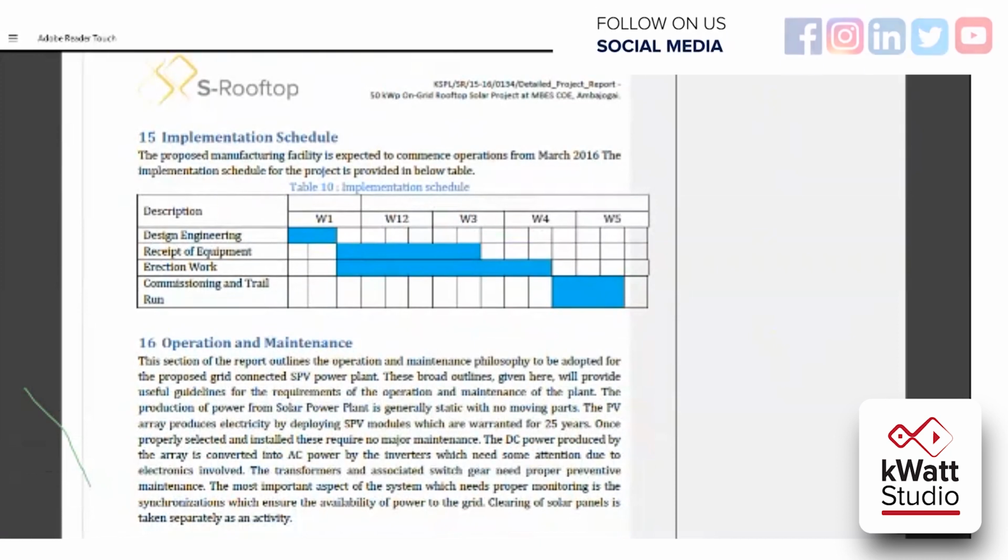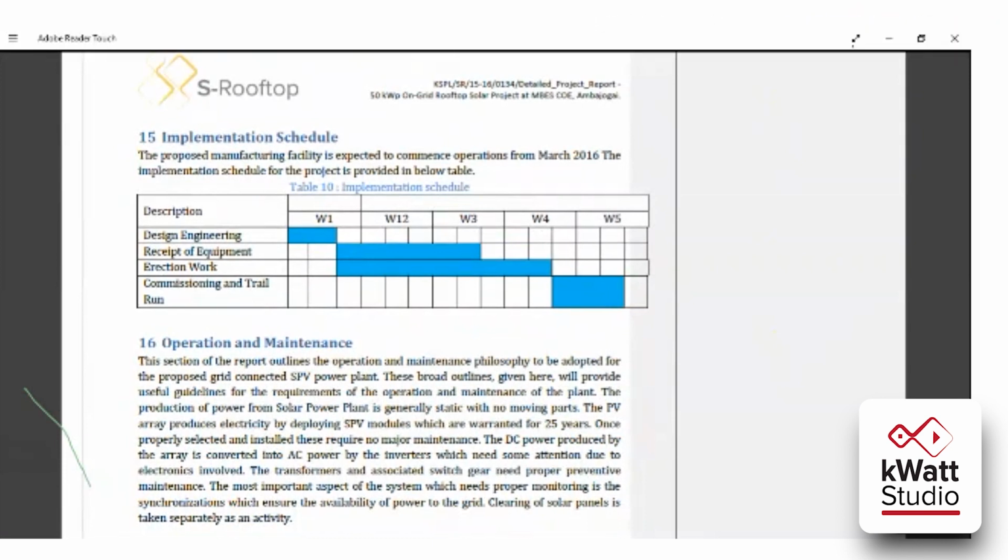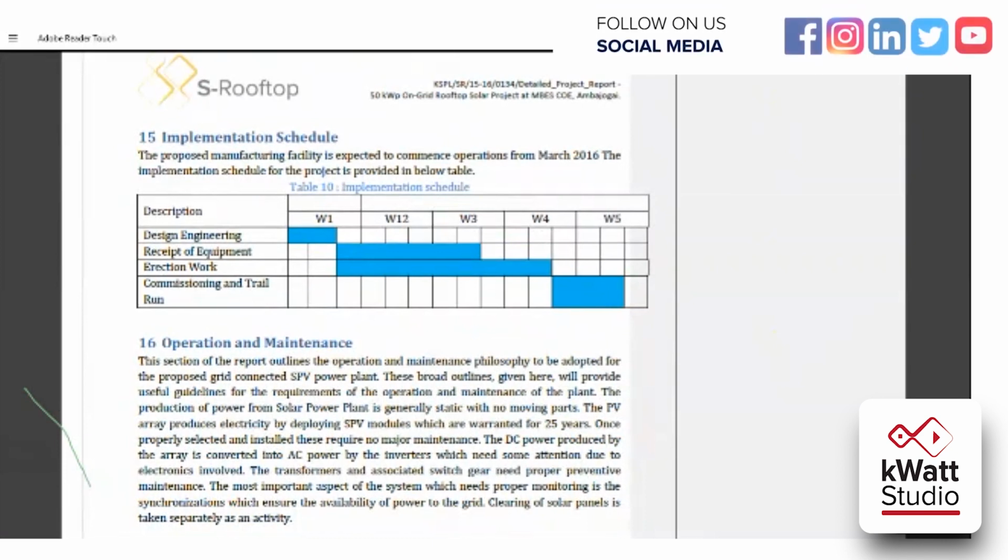So this is the implementation schedule. This is nothing but the timeline of your project. Yes, you need to add switchgear, MCBs, MCCBs and RCCBs in your ACDB.